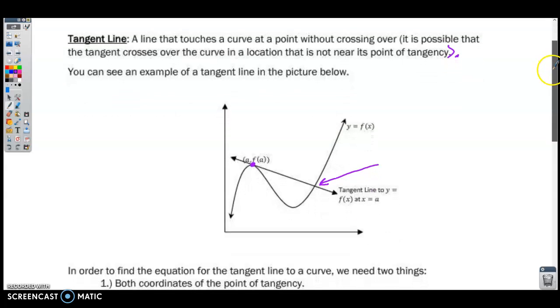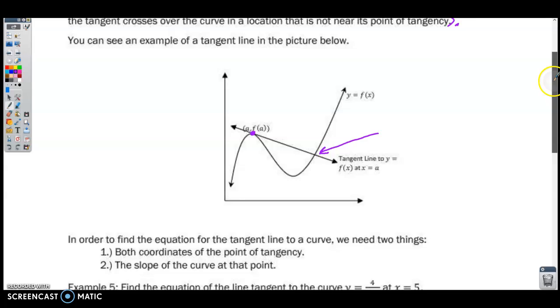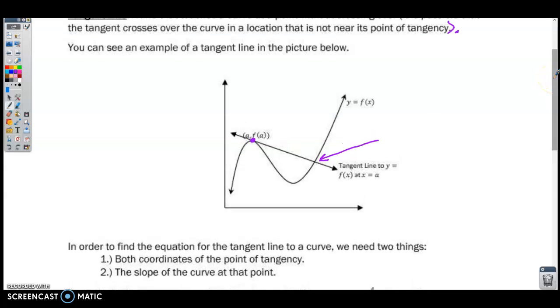So in order to write the equation of a tangent line, we're going to need two things: both coordinates of the point of tangency and the slope of the curve at that point. And then we're going to use point-slope form of a line. Hopefully you're all familiar. I wish they spent more time on point-slope form in earlier classes, because when you get to AP Calculus, it's really our preferred form of a line.